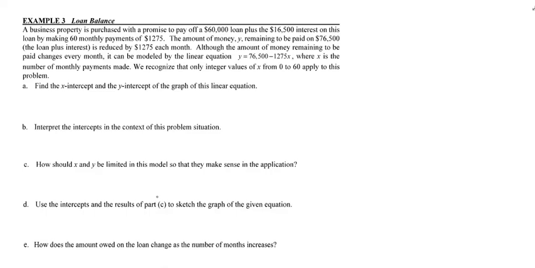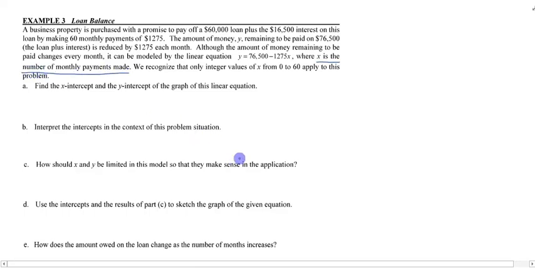Although the amount of money remaining to be paid changes every month, it can be modeled by this linear equation. y equals 76,500 minus 1,275x, where x is the number of monthly payments made. So we recognize that only integer values of x from 0 to 60 apply to the problem, but we can go ahead and connect those points with a line to emphasize what that trend is.